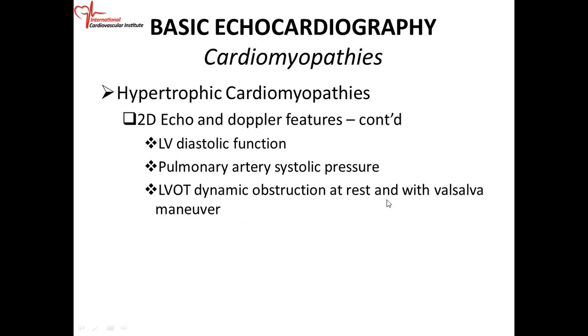Sometimes you have to do it, if you suspect hypertrophic cardiomyopathy, at rest and with Valsalva. And sometimes you have to even exercise the patient. You may have to put them on the treadmill, or you can let them do a few jogging in place, and then quickly look at the left ventricular flow tract to see if the velocity and hence the gradient increase with exertion.